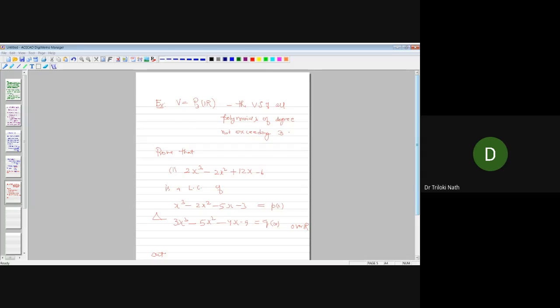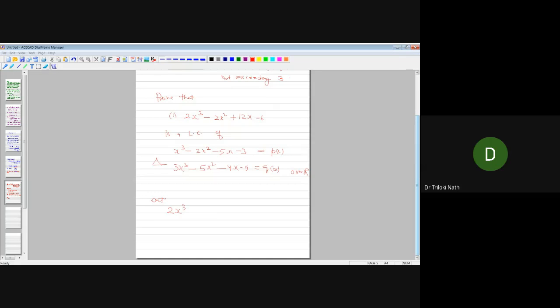But the polynomial 3x cube minus 2x square plus 7x minus 8 is not a linear combination of the above two vectors px and qx.